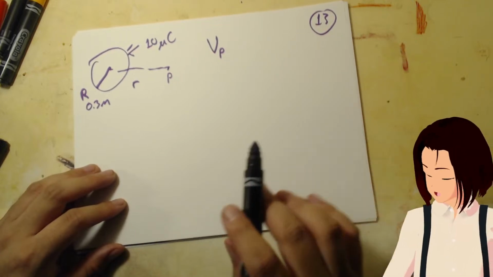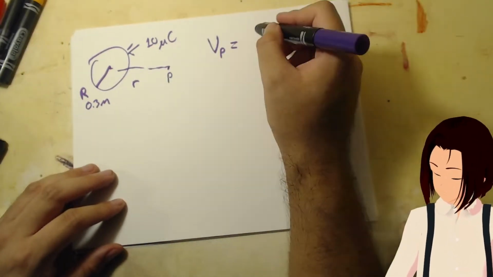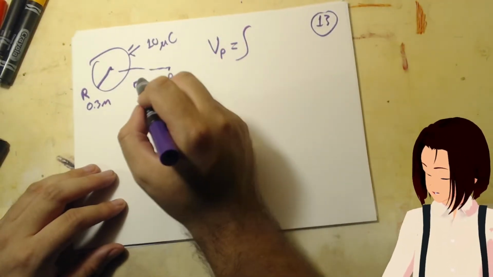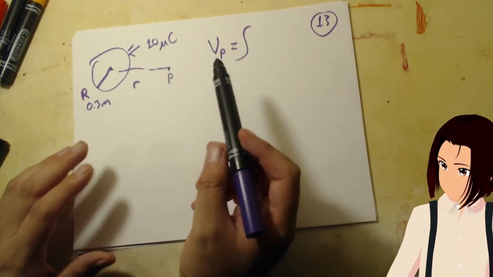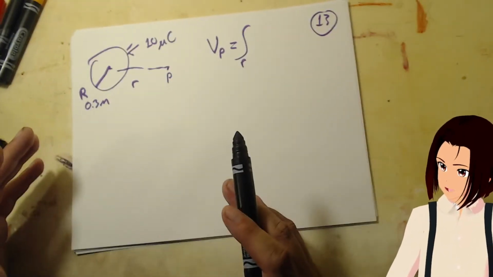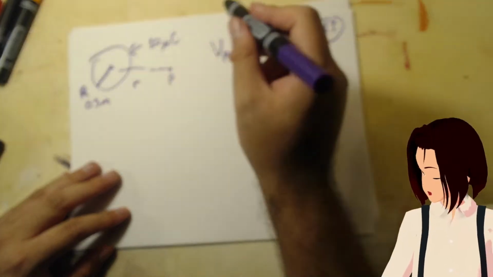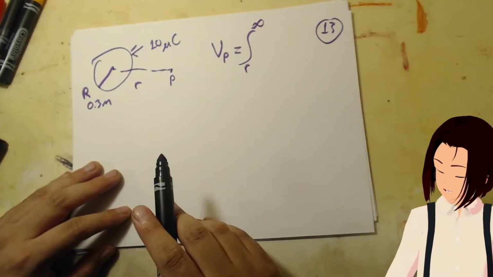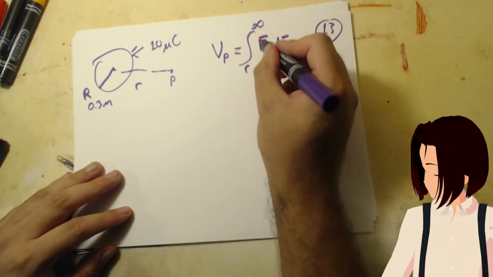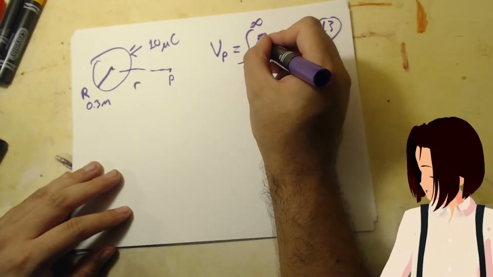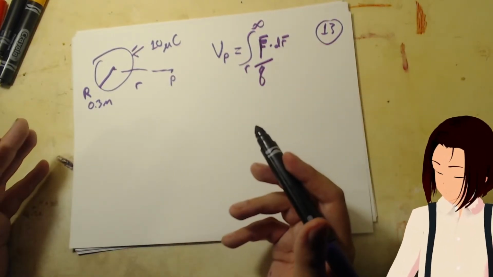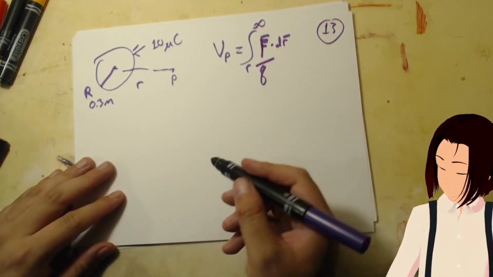So Vp is equal to the integral from wherever this little r is, wherever P is, out to infinity, of F dot dr. And if we divide F by unit charge, we get electric field.